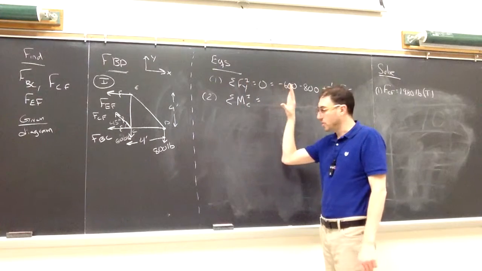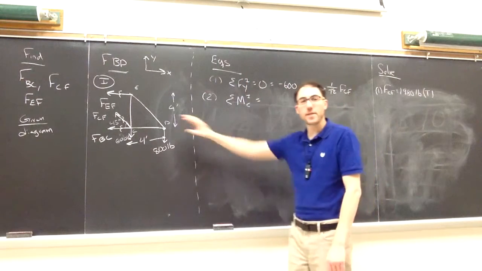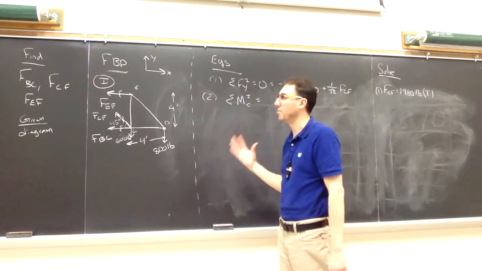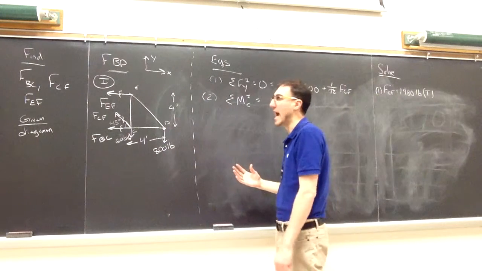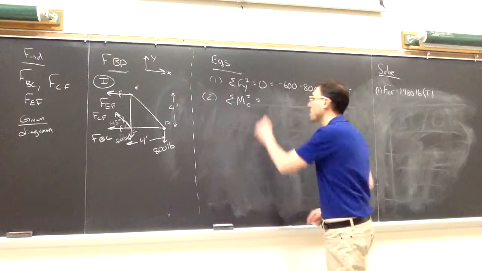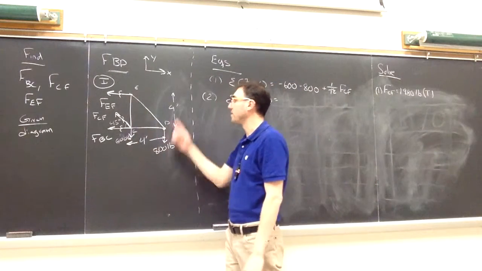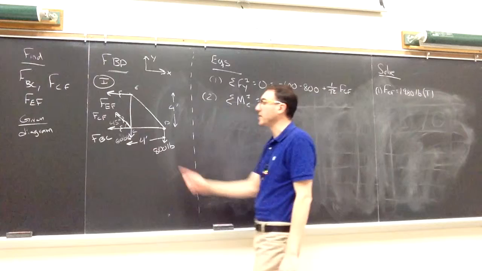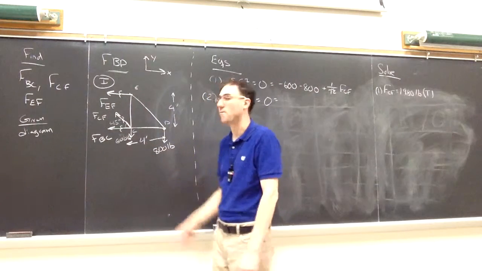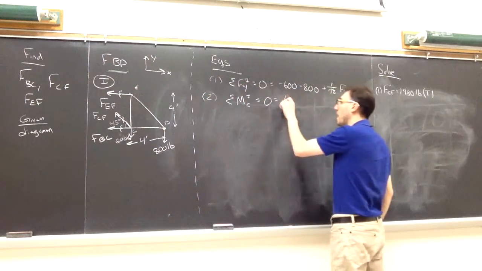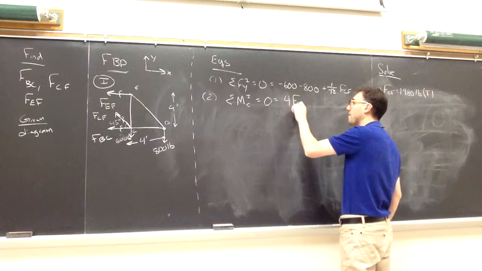Again, these equations are derived only from the picture, and then later I can put in any numerical values that I have. So according to the picture, I'm going to have a moment caused by FEF that is 4 feet away, and in the picture that's going to be counterclockwise around C. So that will be a positive 4 times FEF.